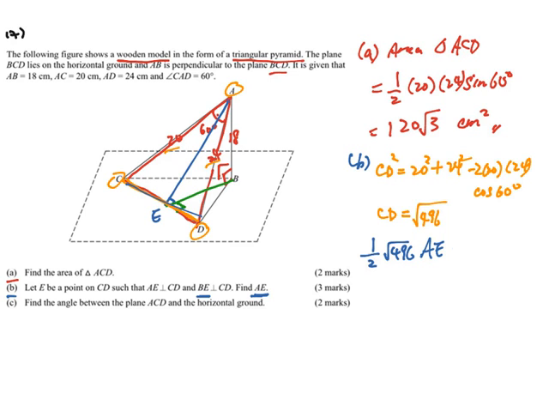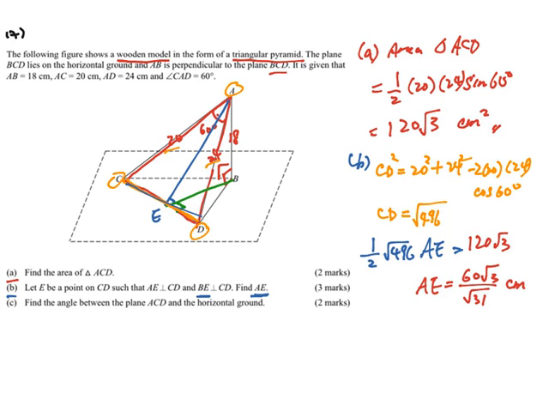Actually, it is equal to part A, the area of triangle ACD, so equal to 120 root 3. For A you can use decimals, but for accuracy you can use the root form. So after simplification, AE we can get 60 root 3 over root 31 cm. Same, this one you can use decimals.